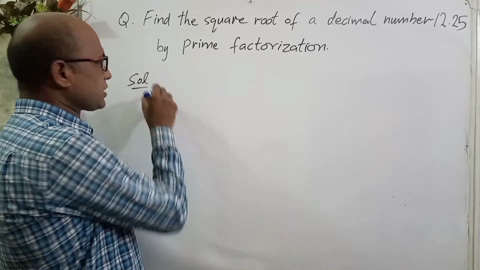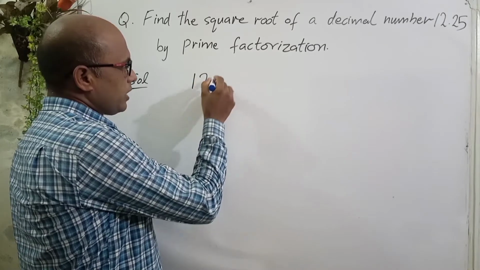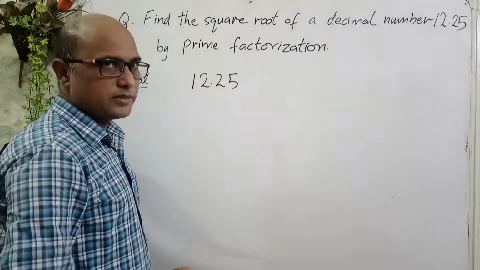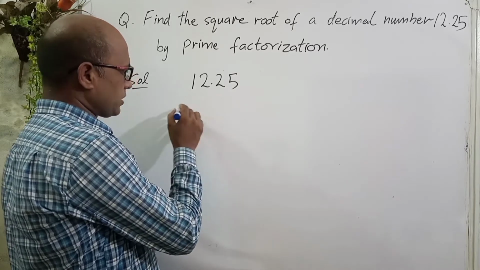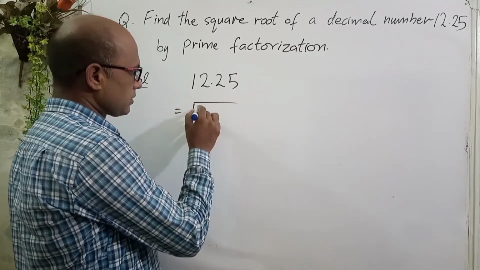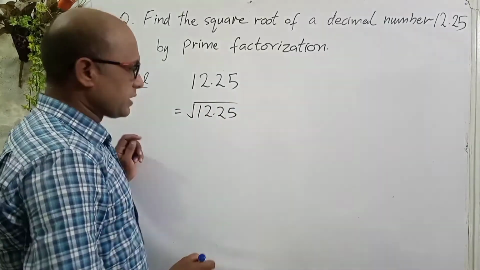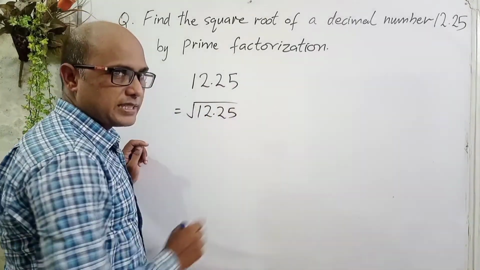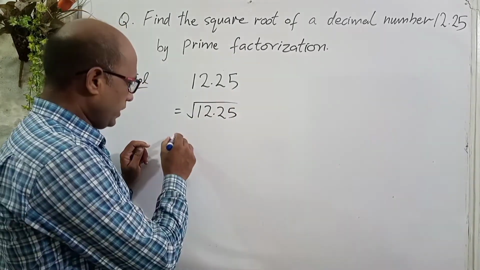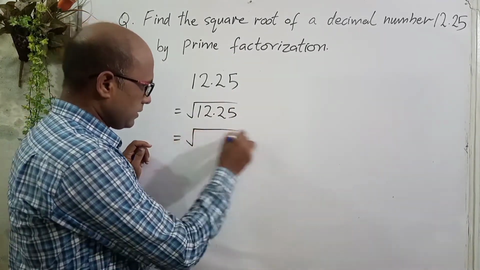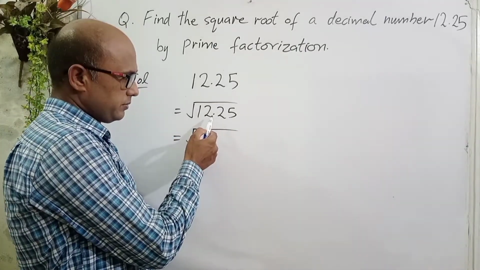Students, when we start the solution, first of all we'll write the number as it is and we'll take its square root. And after taking this radical sign on this number 12.25, we'll remove this decimal.